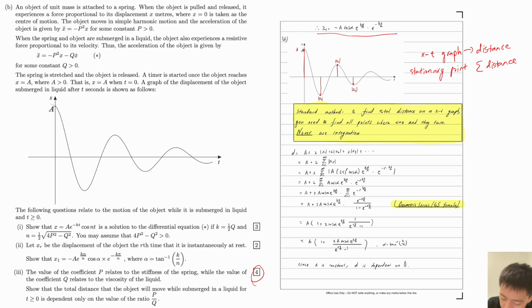So you do not need integration. You can't integrate every time you see an x-t graph, because it's already distance, and it doesn't make sense to integrate distance with respect to time. So if we want to know the total distance, it's this plus this plus this plus this.